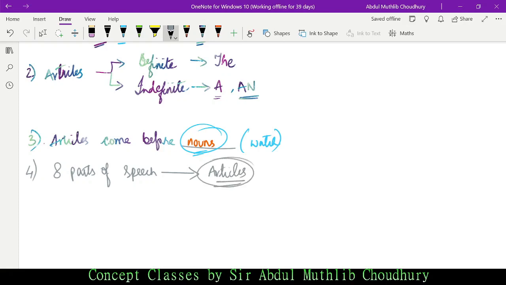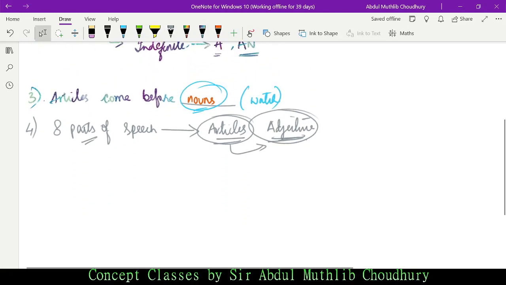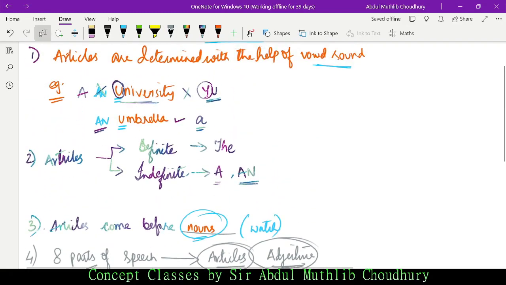It is a part of adjective. And in case you know that adjective is a part of speech, articles come inside adjective. So articles are basically a part of adjective.